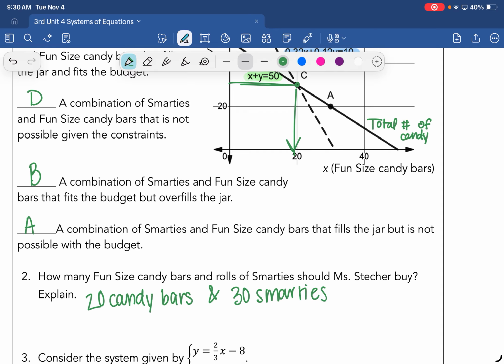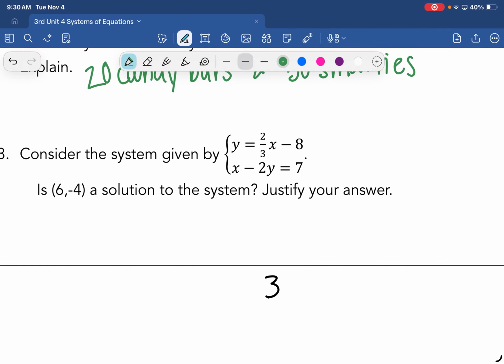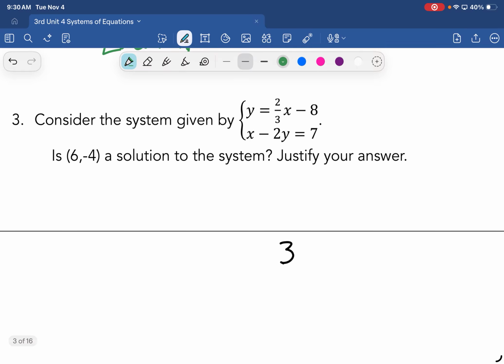All right. Now we are given a system and it asks if a point is a solution to the system. So if the point is a solution, it will make both equations true. So let's see if it does. So what do you think I need to do with the point to figure out if it's a solution? Plug it in. Okay, so we're going to start with our first equation. And we're going to plug it in. What do I need to plug in for y? So we get negative 4 equals 2/3 x.